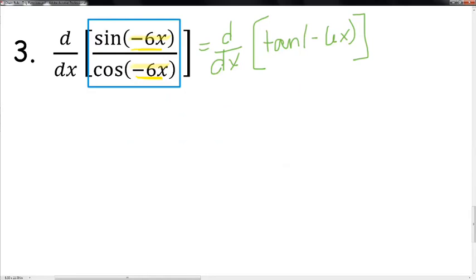So let's go ahead and take our derivative. So again, our shell is the tangent. Our chocolate, the inside, is negative 6x. So this is going to be equal to the derivative of tangent is secant squared.